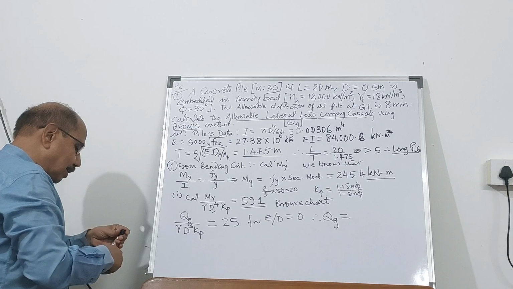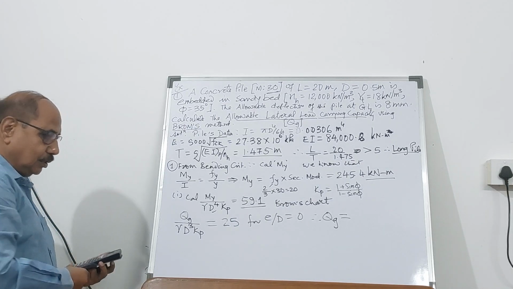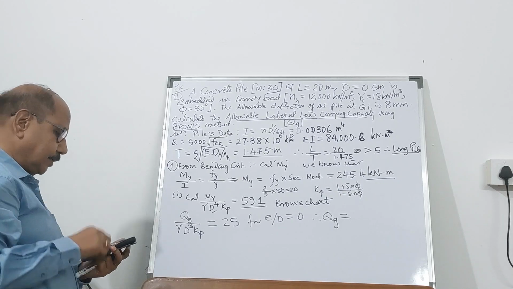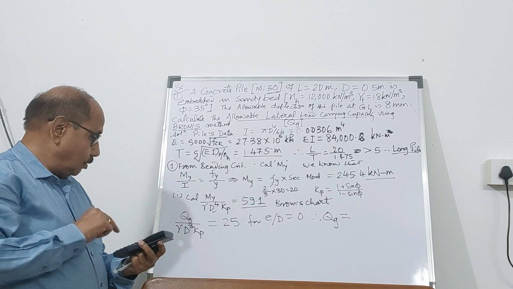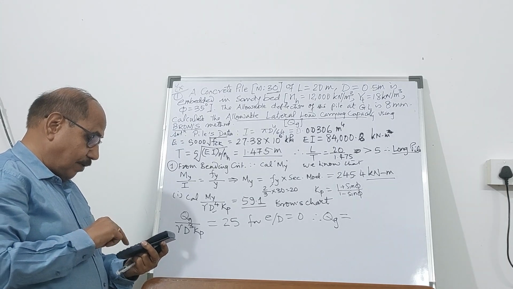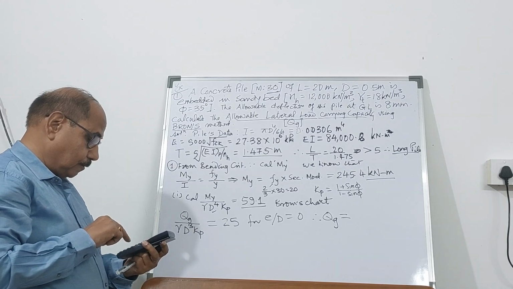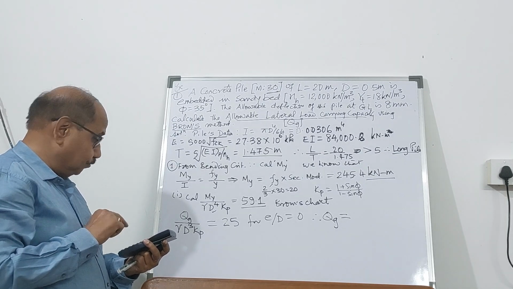So let us calculate this and see what value of Qg we get. So 25 multiplied by 18 multiplied by 0.5 cube, then multiplied by Kp.